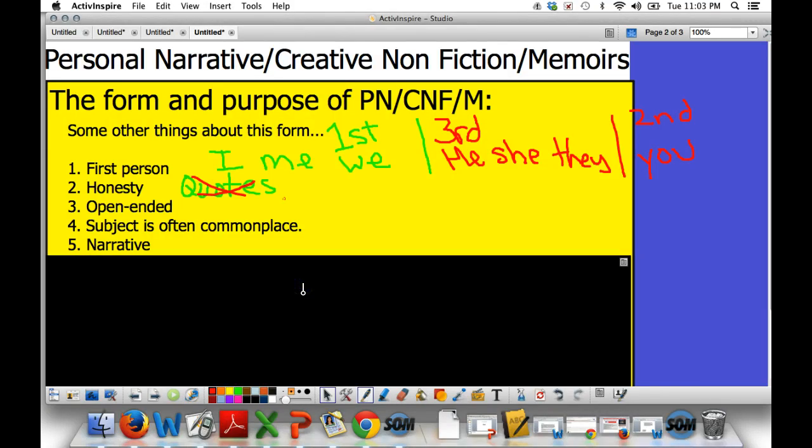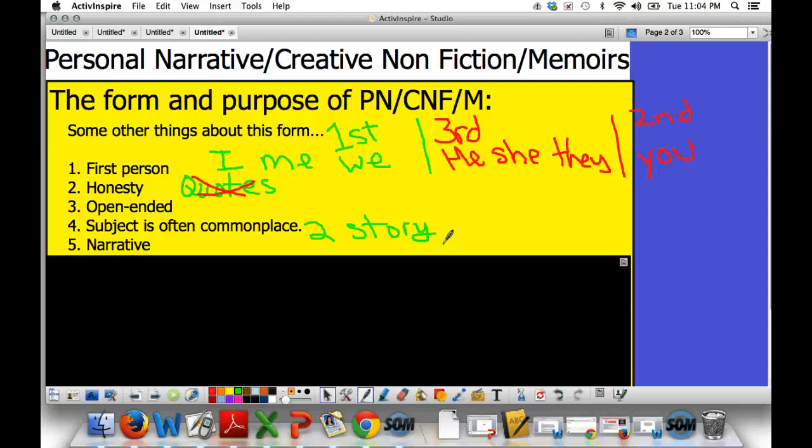Also, it is a narrative. And this means that you are telling two stories. Because you're going to be in your story, but if you're writing about when you were 5, you're not going to do it from the perspective of you at 5. You're going to do it from the perspective of you right now.